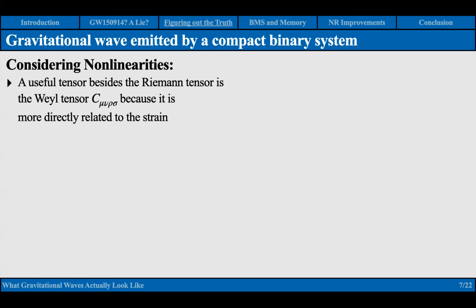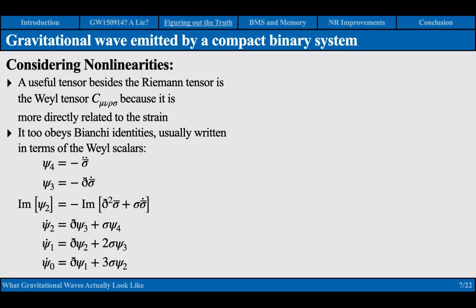What's nice about this Weyl tensor is that if you work in the Newman-Penrose formalism with spinors, then you obtain this nice set of equations, which is equivalent to the usual Bianchi identities that you have for the Riemann tensor. What these Bianchi identities state is that you have these 5 different Weyl scalars.